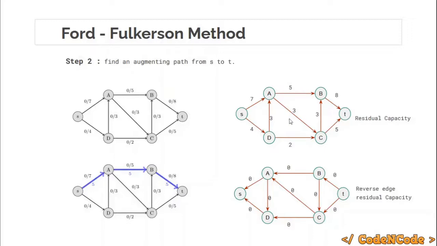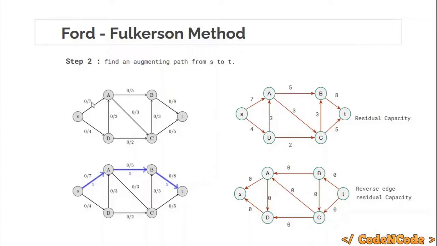You can't send 6 amount of flow, because if you send 6 amount of flow, each edge must have at least capacity of 6. So we will go with the minimum. The minimum capacity among all of the edges on the current augmenting path is 5, so we can send 5 amount of flow from source to destination using this augmenting path. So let's do that.